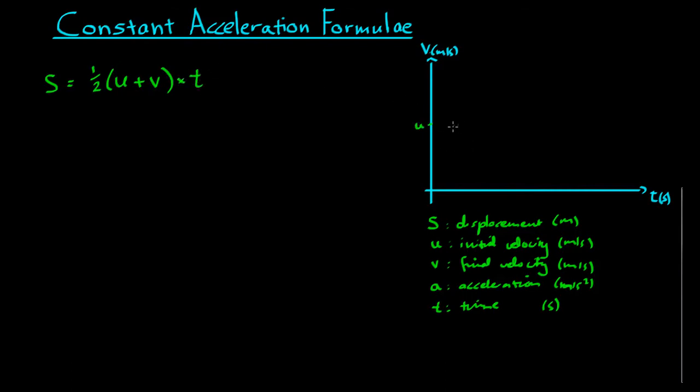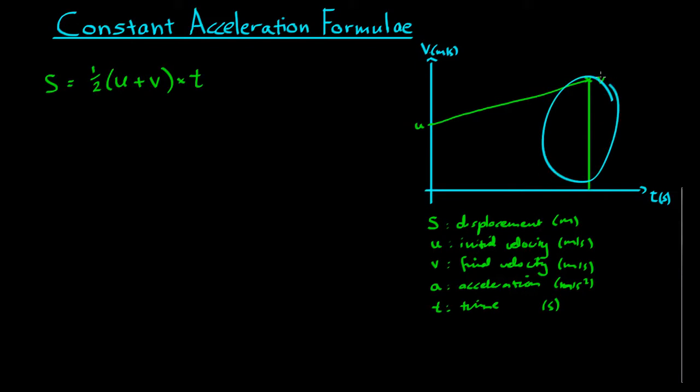We have this first velocity U, the final velocity V, and since it's a constant acceleration, there has to be a constant gradient between these 2 points. We're trying to figure out S. Now we said in lesson 1, the area under this graph here is equal to S. So that'll give us a clue as to why this particular formula works.